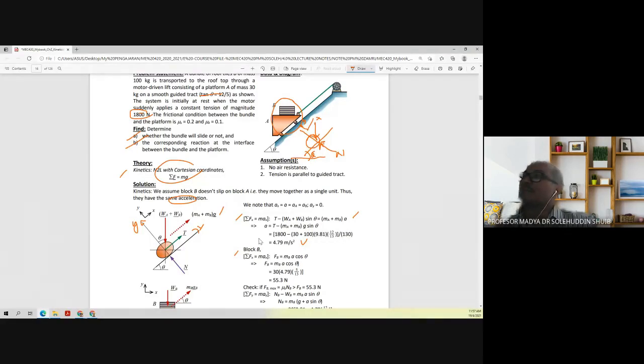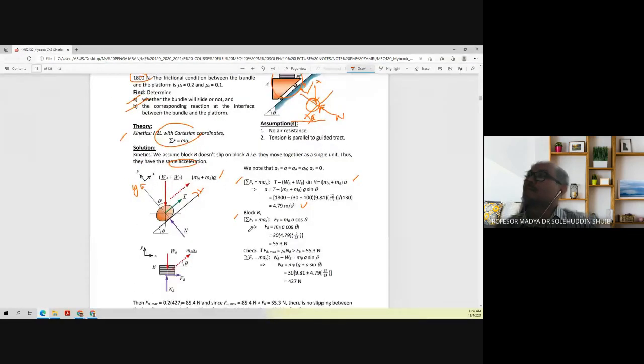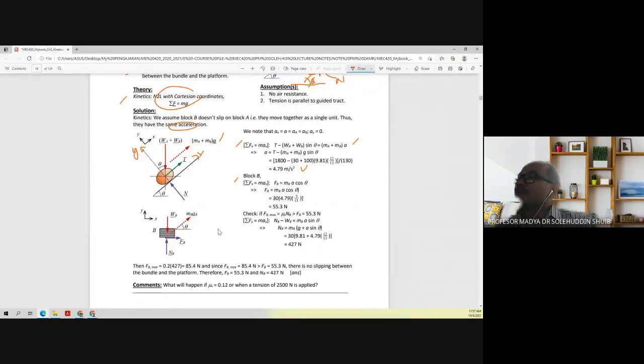Now for block B, F equals ma, in X and Y. You get the friction force FB equals m a cosine theta, which is 55. Then you can check if FB max is greater than FB.